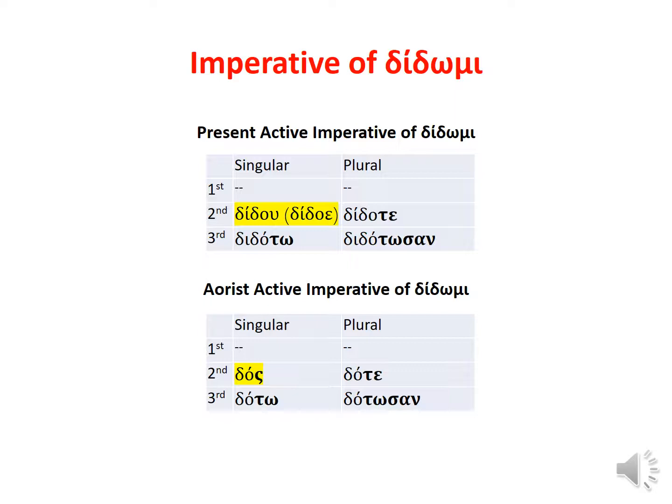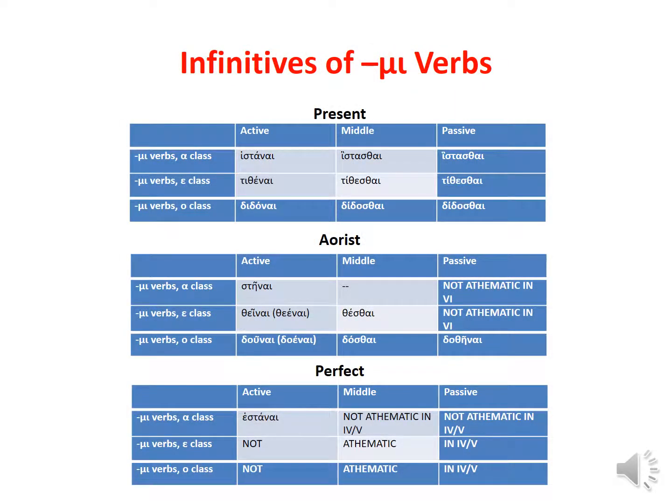So you'll just have to work with it, write these out over and over and over again. Same for the infinitives. Without belaboring this, you're just going to have to work with it, memorize it, write it out, grade yourself, check it, do it again until you've got them perfect. In general, these are like the infinitive forms you've seen already, but as you look through, you'll notice some differences from non-mi verbs.